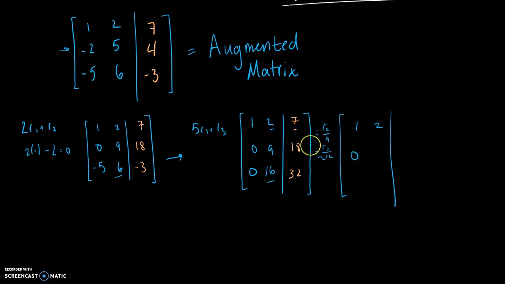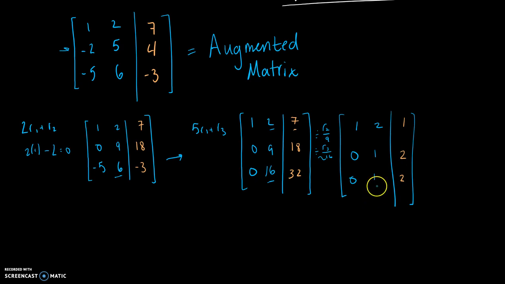So I'm going to divide row 2 by 9, so 0 divided by 9 is 0, 9 divided by 9 is 1, and then 18 divided by 9 is 2. And row 1 staying the same, so that can stay there. Okay, and then in row 3, we're going to divide that by 16. 0 divided by 16 is 0. 16 divided by 16 is 1, and 32 divided by 16 is 2.